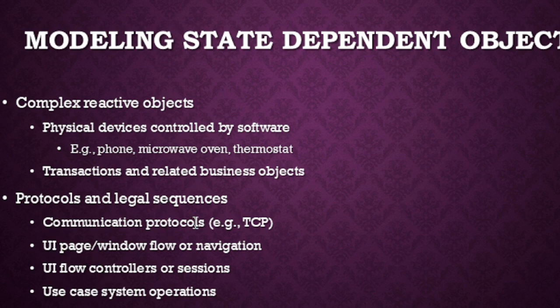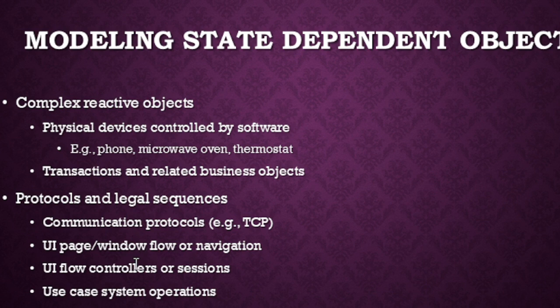Protocols and legal sequences can also be represented in a state model. For example, communication protocols. We need to establish communication between machines, and for that purpose we need a protocol, and that protocol matters, because only then may that communication or those transitions occur. If that protocol is not there, those transitions cannot be captured.